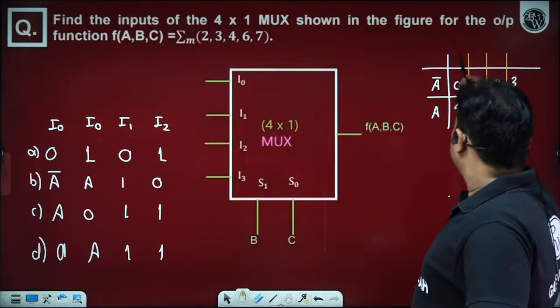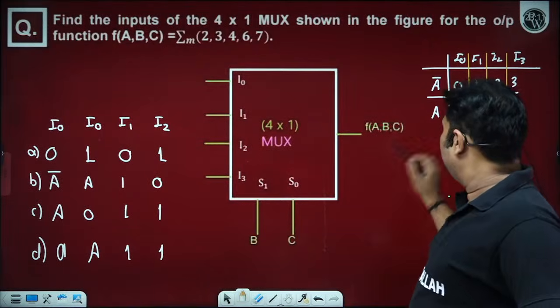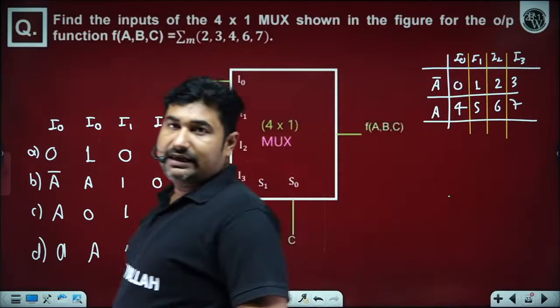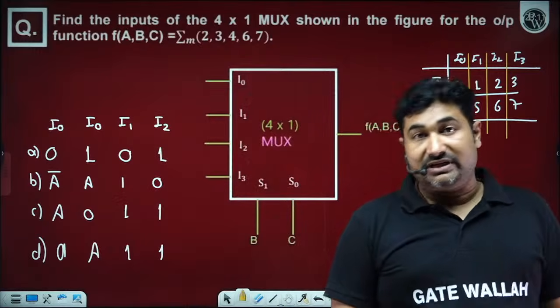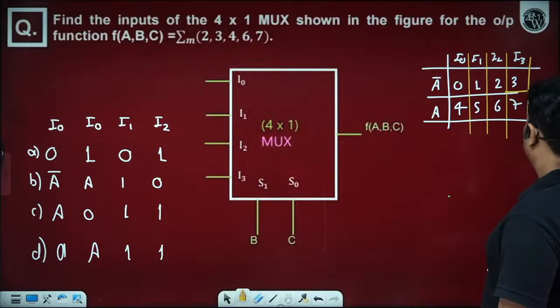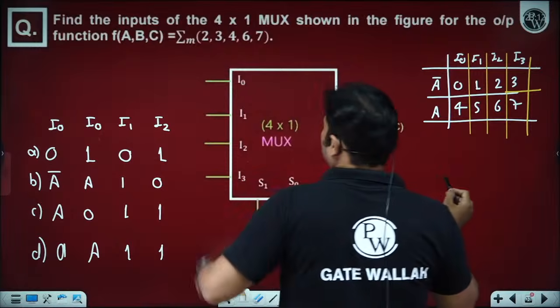So we have I0, I1, I2, I3. Numbering is very important. You can see that A will remain low from 0 to 3 and remain high from 4 to 7. So 0, 1, 2, 3 are in front of A bar and 4, 5, 6, 7 are in front of A. Now what is the function?